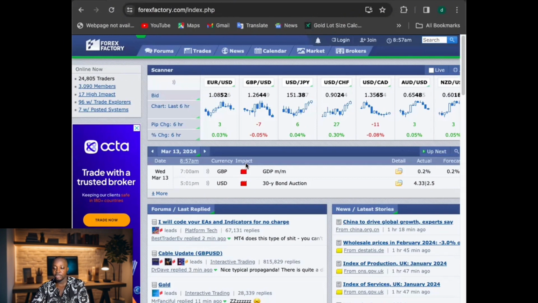If you're going to be trading them, at least you have an expectation, so you know what to expect. In my opinion, the news events to pay attention to are the NFP, the CPI, FOMC, PPI, and unemployment rates. These news events bring a lot of volatility and liquidity into the market.